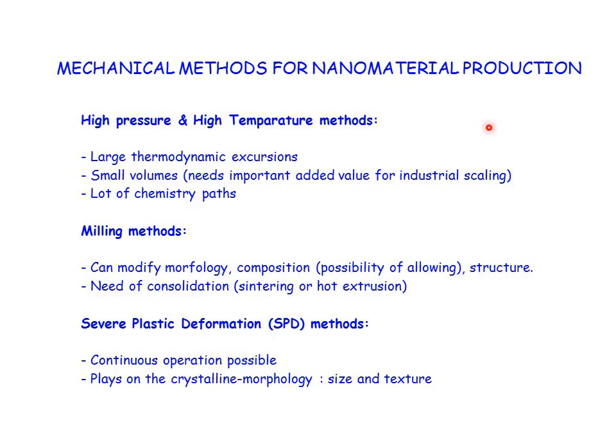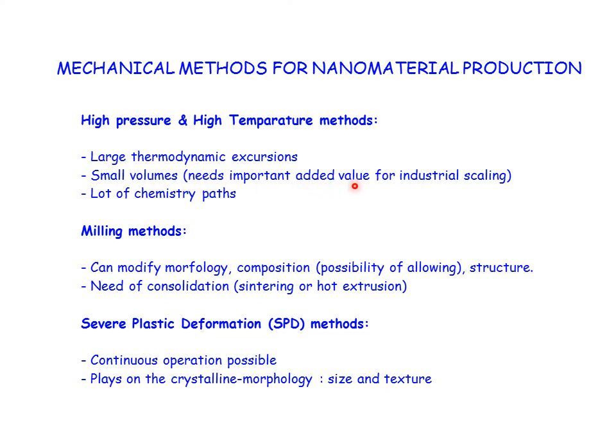So if we want to synthesize what we have seen, we have distinguished high pressure and high temperature methods. With these methods we can go through very large thermodynamic excursions to very high pressures and high temperatures, but most of the time the volumes are very small. Even when we call large volumes, the volumes are at maximum of the order of a cubic centimeter.